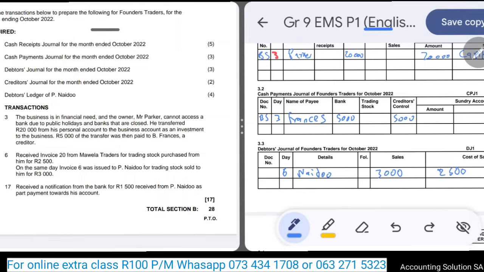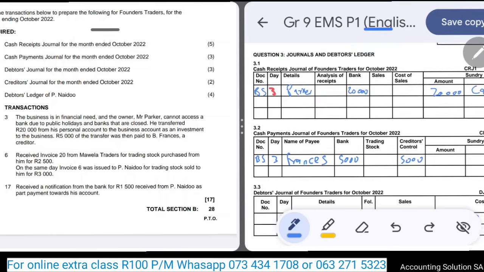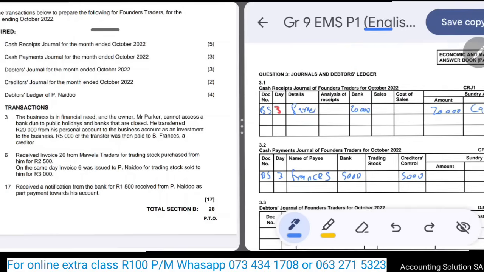Now, the next one, we received a notification from the bank for 1,500 received from P. Naidu as part of payment towards his account. Naidu has now paid 1,500, which means that we're going to record it as a receipt.